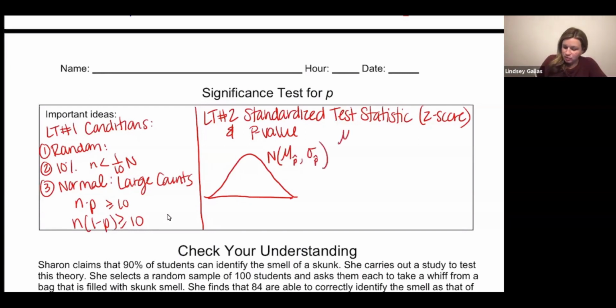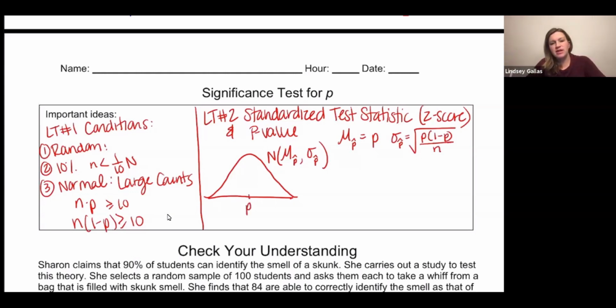And to the side, I'm going to note what those are. So remember, mu of p hat is equal to p, the true proportion. Now, in this case, we are assuming the true proportion, which is going to be based off of whatever our null hypothesis is. And then my standard deviation, sigma, the square root of p times 1 minus p all over n. Okay, so we'd figure out what those are. I'm going to go ahead and label in here.